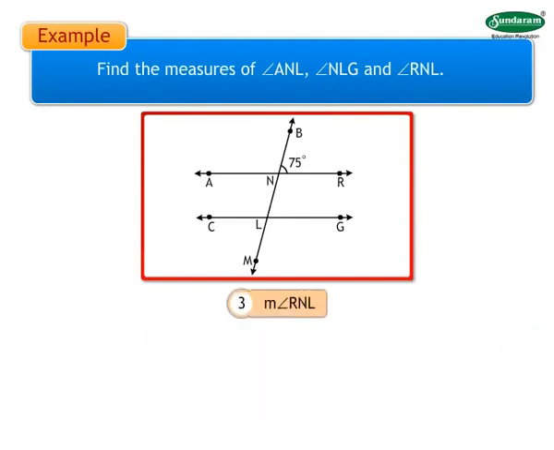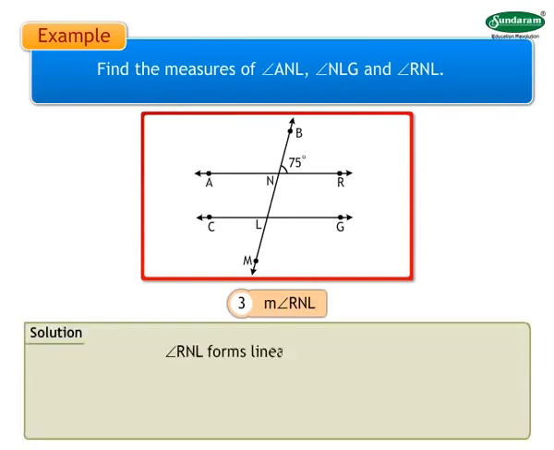Number 3. Angle RNL. Solution. Angle RNL forms a linear pair with angle BNR. Therefore, measure of angle RNL is equal to 180 minus 75 is equal to 105 degrees.